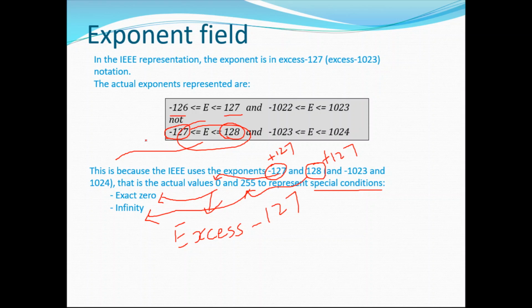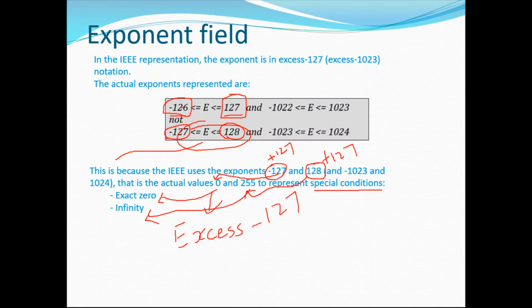So these are represented in excess 127 notation. This is the minimum value you can have for the exponential, that is minus 126, and this is the maximum you can have for the exponential, that is 127.